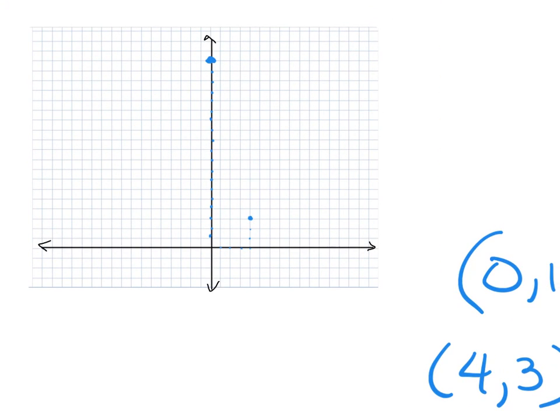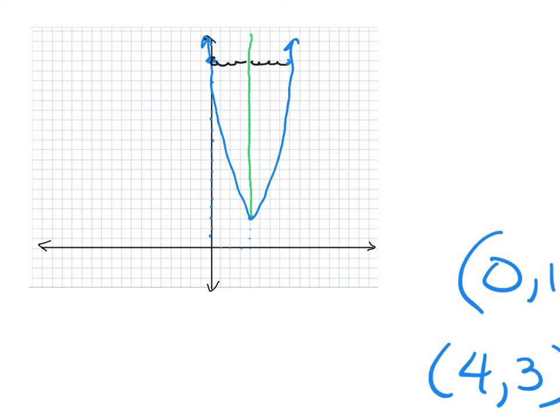Now I can use my line of symmetry to get the right side. I can draw in my line of symmetry here. Notice that this one is 4 spaces away: 1, 2, 3, 4. So I can go 4 spaces over here, 1, 2, 3, 4, and get the right side of my parabola.